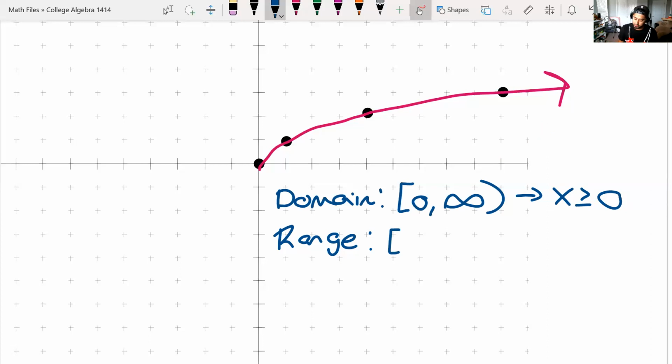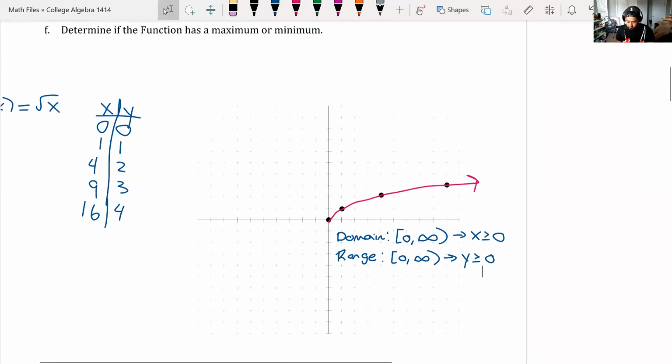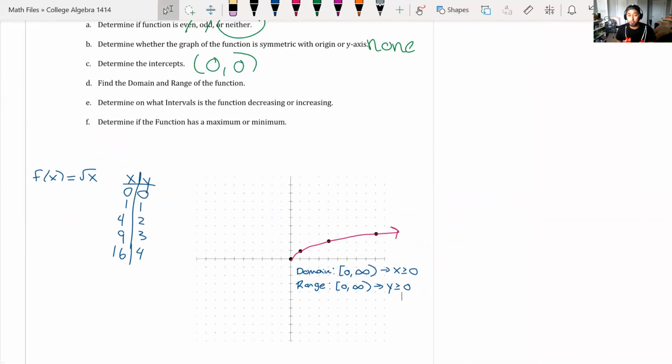So my range would also be 0 to infinity. And to put that in set notation, we would say y greater than or equal to 0. All right. So domain and range is done.